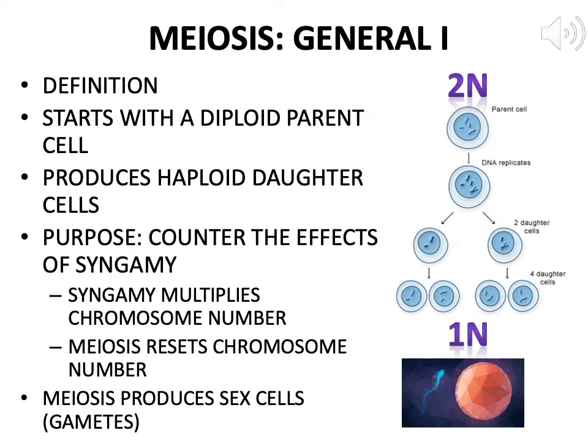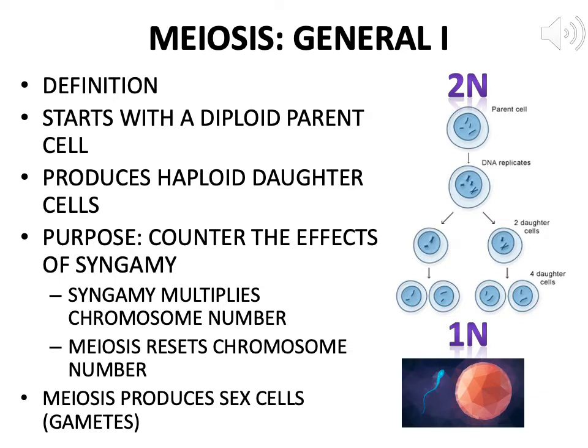You might go from diploid individuals to tetraploid individuals to octoploid individuals to individuals with 16 sets of chromosomes, etc., etc. Every single generation, what we really need to do is reset chromosome numbers so we never get beyond 2 sets of chromosomes. So the purpose of meiosis is to counter the effects of syngamy, and its job is to actually reset chromosome number after every event of syngamy.